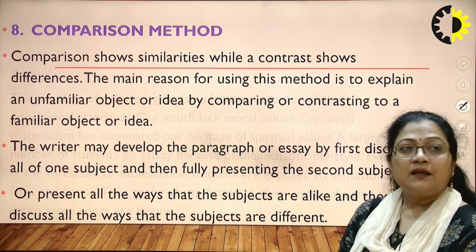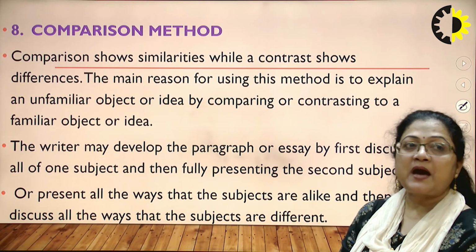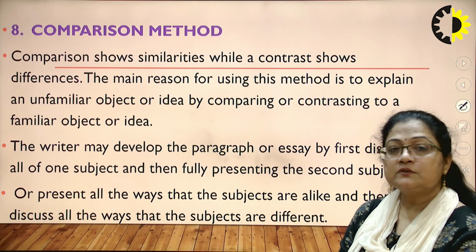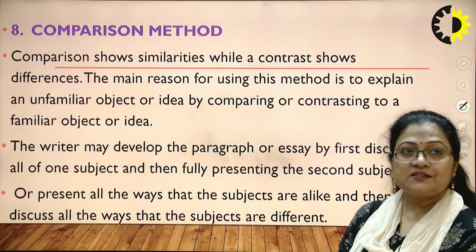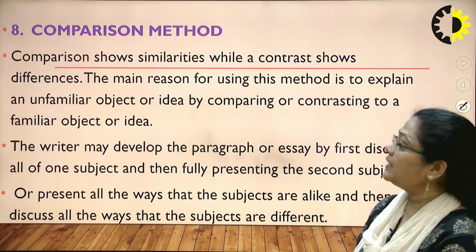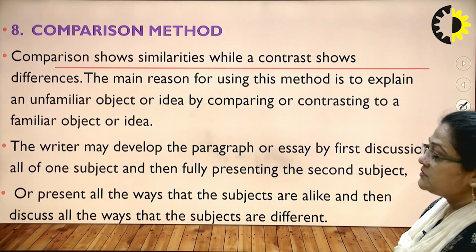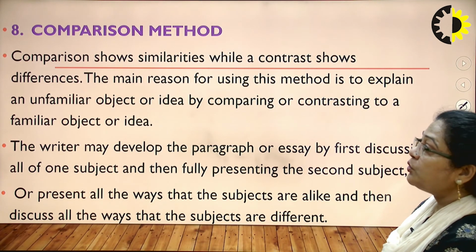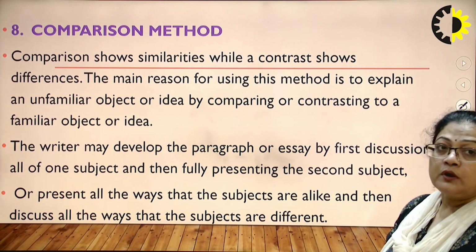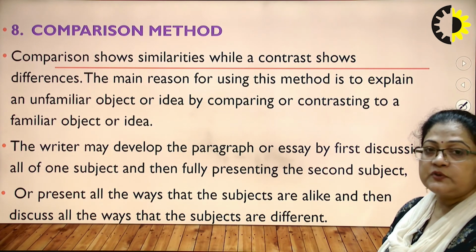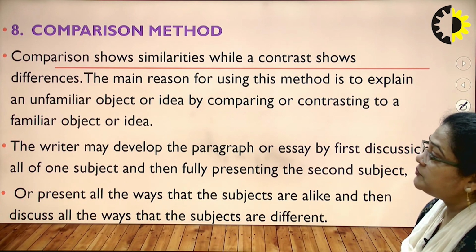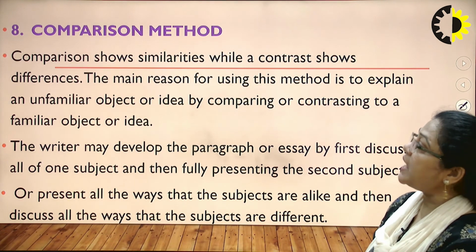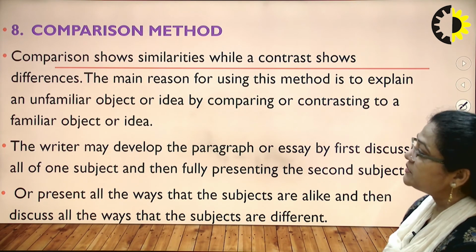Next method is comparison method. Although it is not listed in our syllabus, we should understand that this may be taken as a very efficient method to show similarity or to bring out the contrast between two similar looking objects or ideas. So, comparison shows similarities while a contrast shows difference.